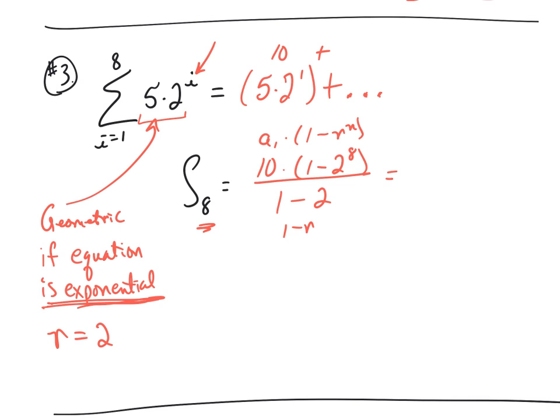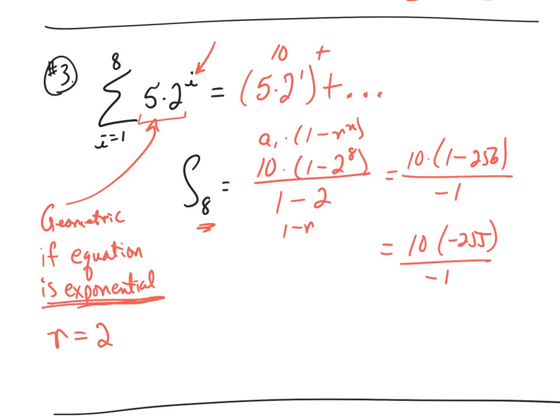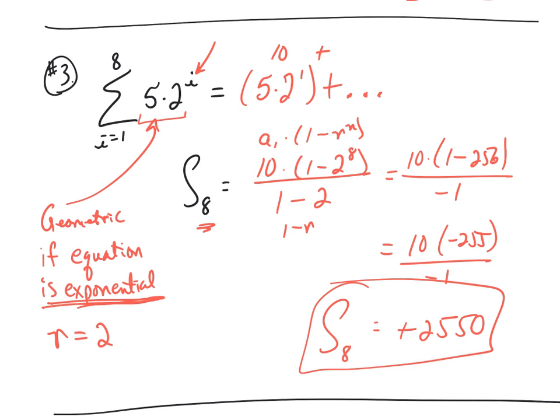The calculation I need you to make with your calculator is, what's 2 to the 8th power? 256. Downstairs, 1 minus 2 is negative 1. 1 minus 256 is negative 255. When you multiply 10 times negative 255 and divide by negative 1, we get positive 2,550. So the sum of the first 8 terms would be positive 2,550.